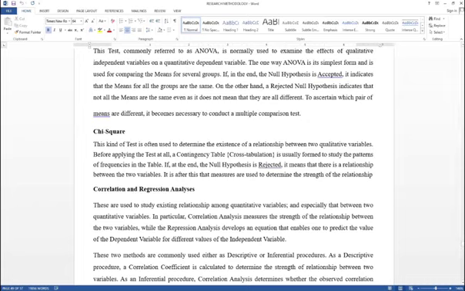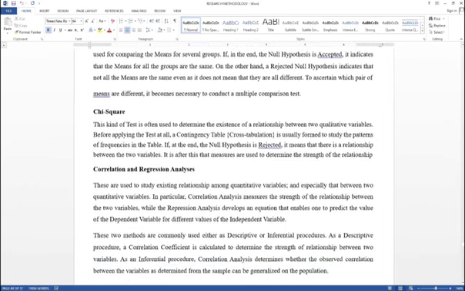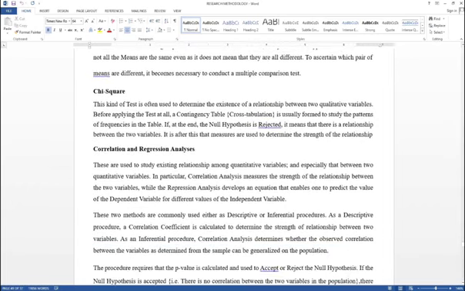In particular, correlation analysis measures the strength of the relationship between the two variables, while regression analysis develops an equation that enables one to predict the value of the dependent variable for different values of the independent variable.